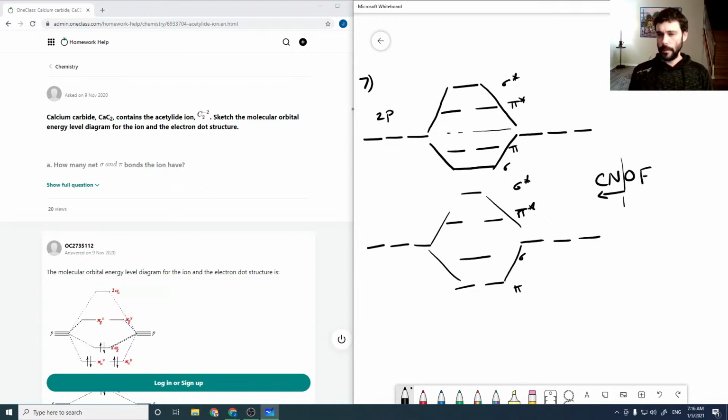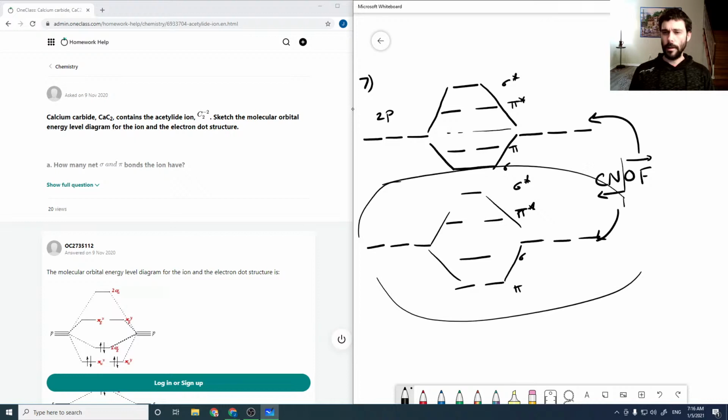This side uses this one, and this side uses this one. So oxygen and fluorine will use this version, and carbon and nitrogen back will use this one, the lower of the two. And since we're doing C2 2 minus, we're going to use this version of our 2p overlap, or this molecular orbital diagram.